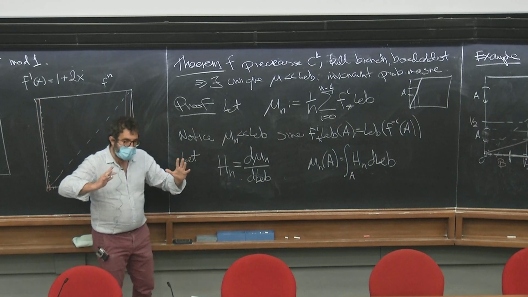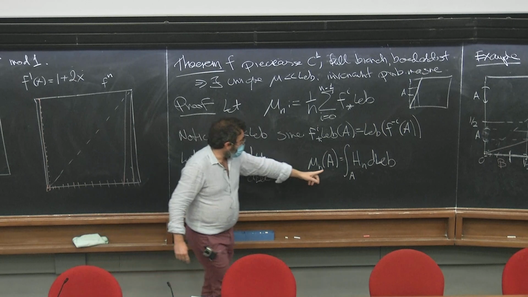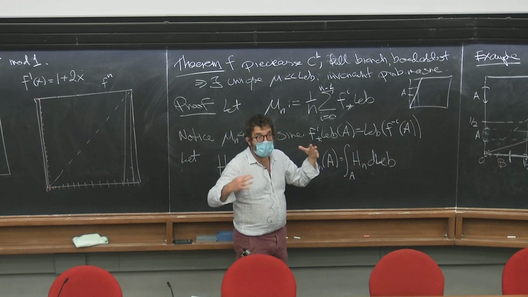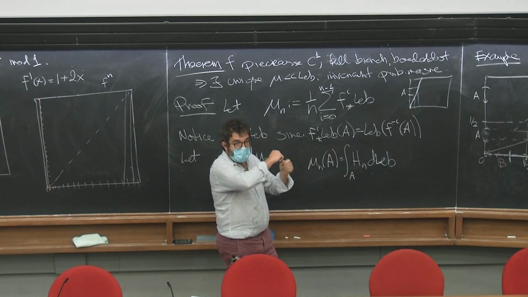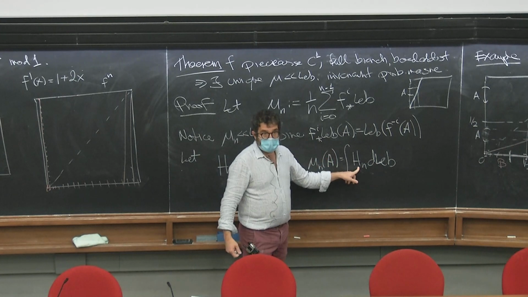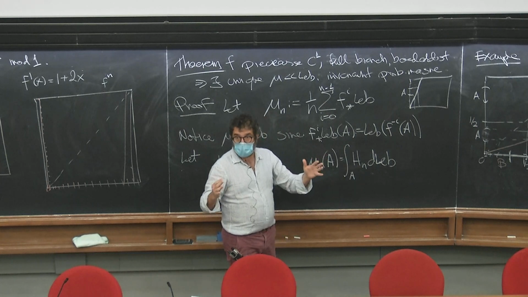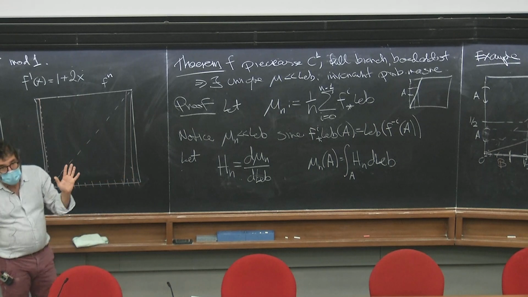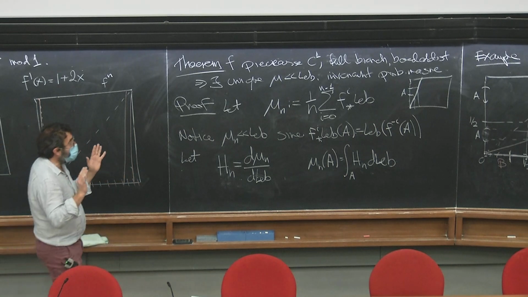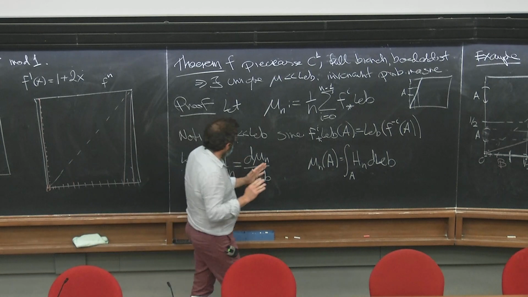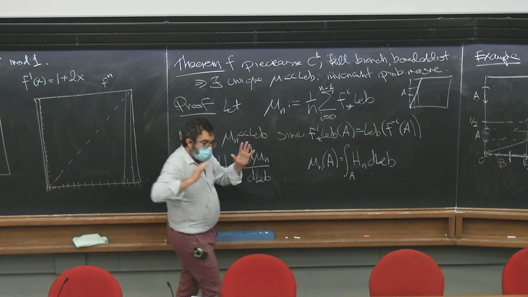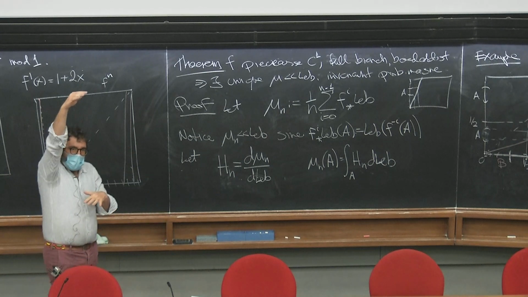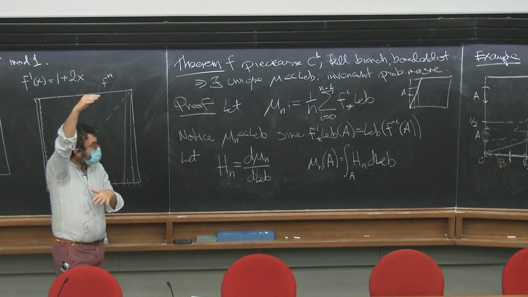The integral of this density on the whole space is always equal to 1, because they're all probability measures. So the area, if you want, under the graph of this density has to be equal to 1, right? Intuitively, this is not a formal proof, but the only way you can get these measures to squeeze into smaller and smaller subsets is by letting the height go to infinity, right?